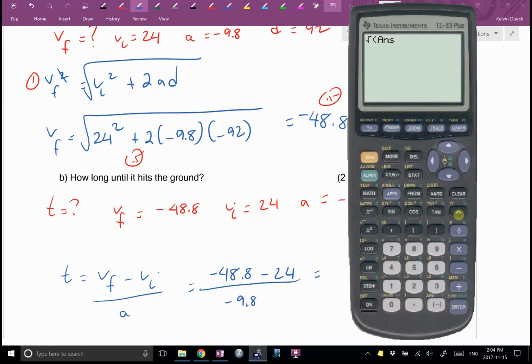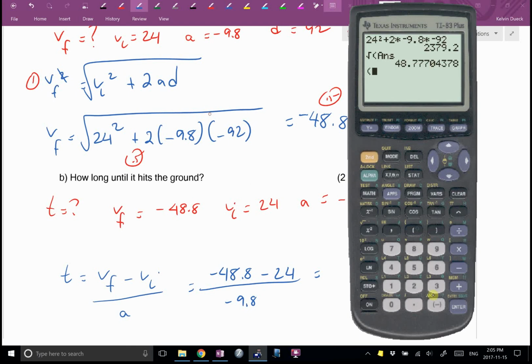I'm not wild about that negative 48.8. I want to get this back on my calculator for starters. I want to carry a few extra sig figs. So instead of 48.8, I'll give you full marks if you did, but I should have really used 48.777. There's a nice spot to round off right there where there's a 0.